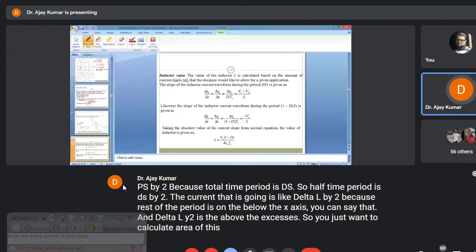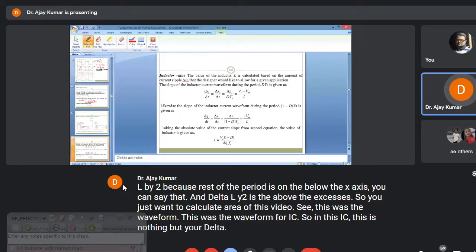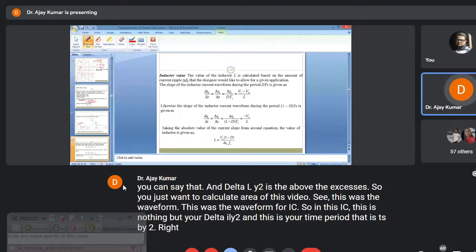See, this was the waveform for IC. In this IC, this is your delta IL by 2, and this time period is TS by 2, because the total time period is TS.